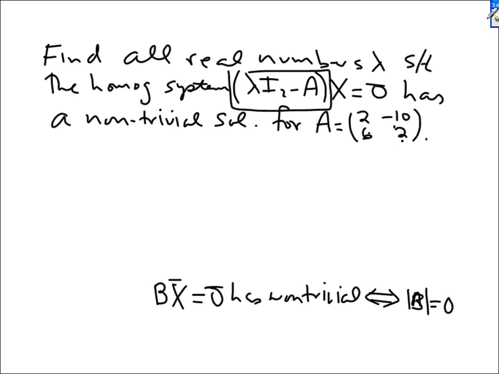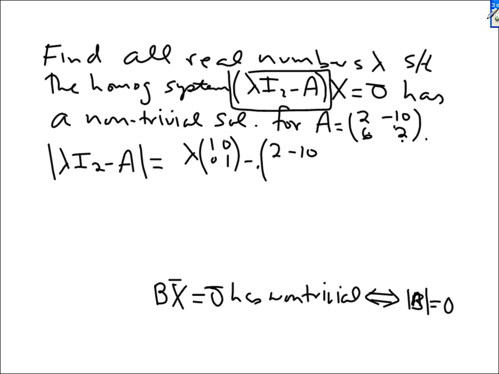Okay? So, I want this to be 0. Well, lambda times I2 is simply lambda times 1. Well, let's write it out. It's lambda times I2 minus A, where A is this value. Lambda times I2 is this.